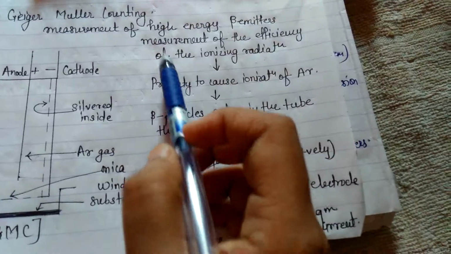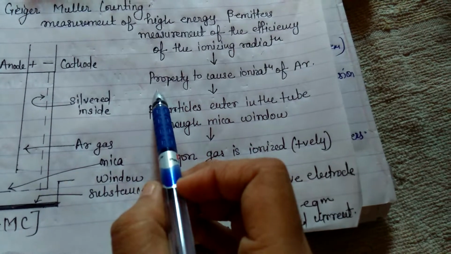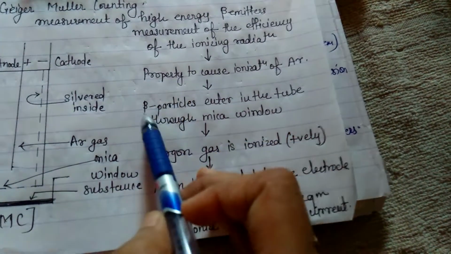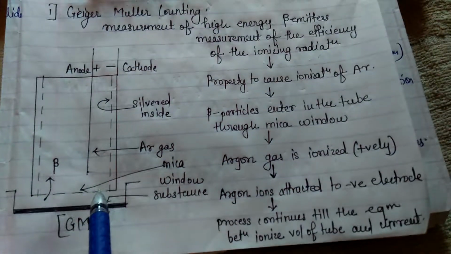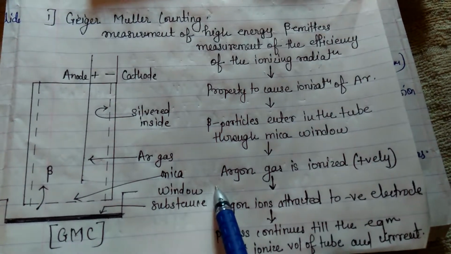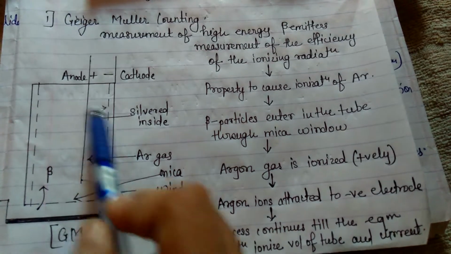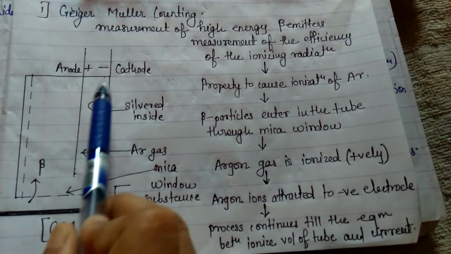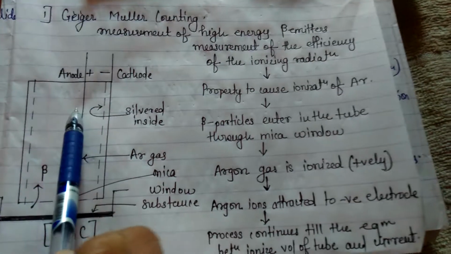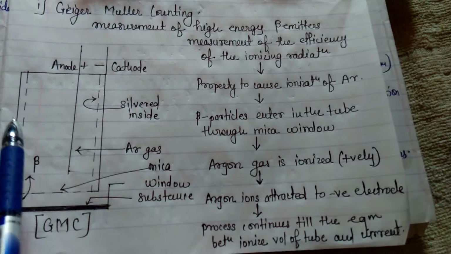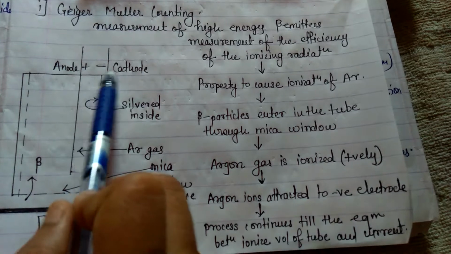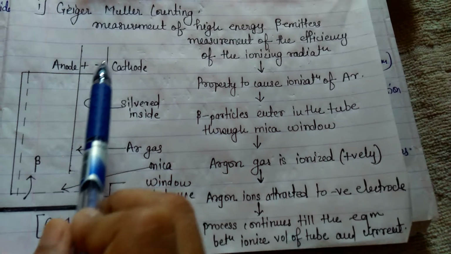See, first we have to ionize the argon gas. Beta particles enter the tube through the mica window. Then the argon gas present gets ionized and positively charged. The argon ions get attracted towards the cathode, and this process continues until equilibrium between the ionized volume of the tube and the current passing through the cathode.